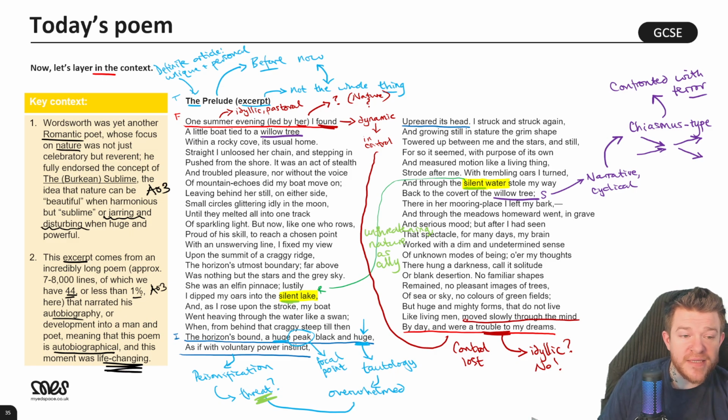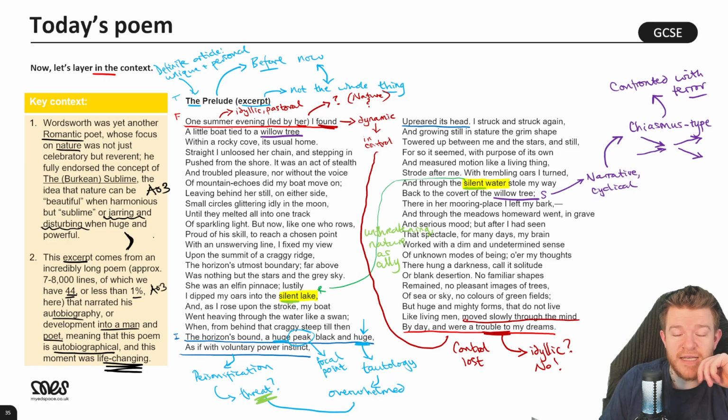It's only 1% of the whole thing, but it clearly had such an impact on him that it belonged in this autobiography that kind of detailed him becoming a man and a poet. So this particular moment, this 1% of the entire poem, was clearly a really significant moment for him. It kind of changed the way that he thought about nature.